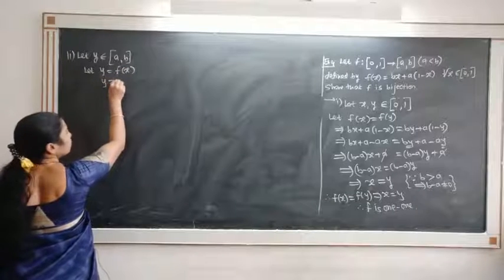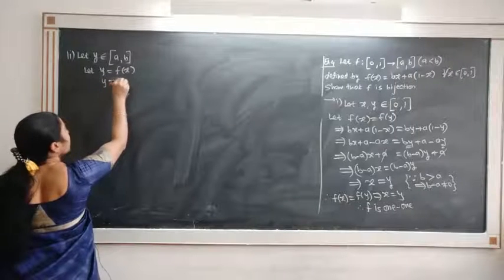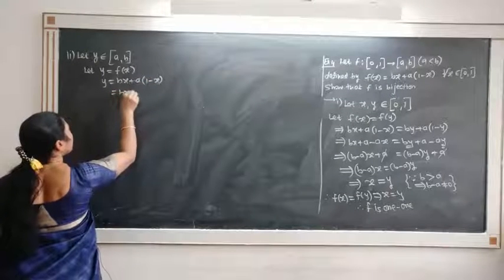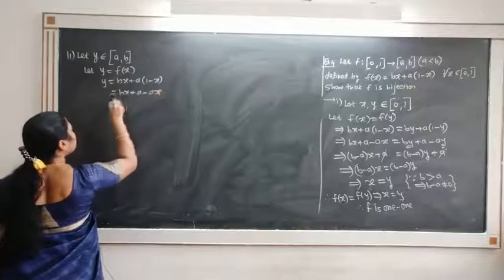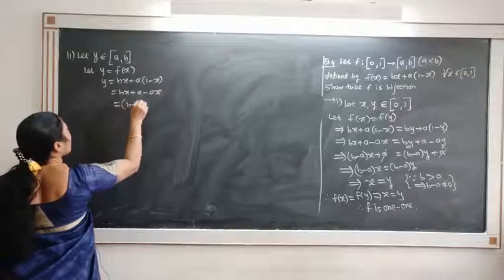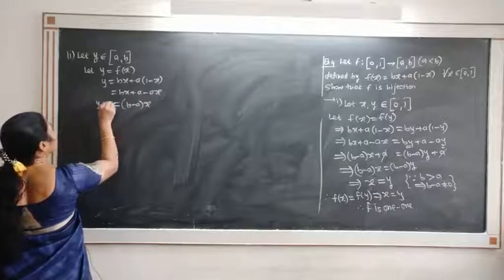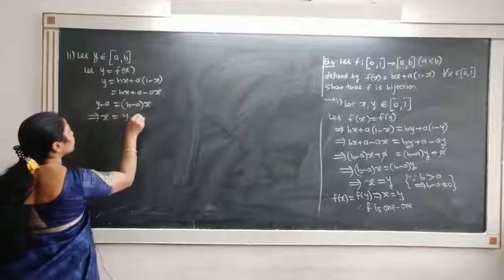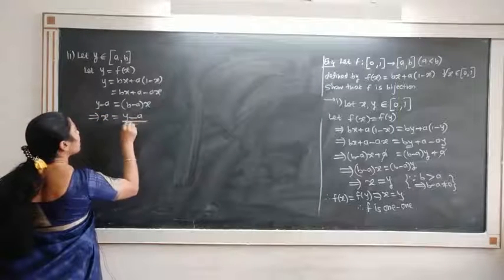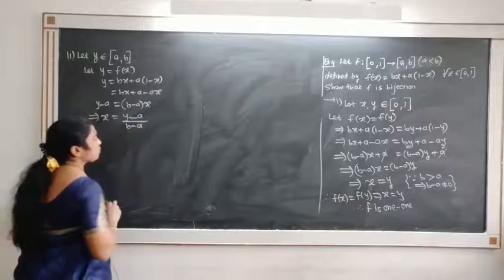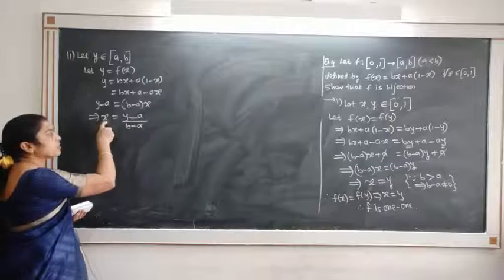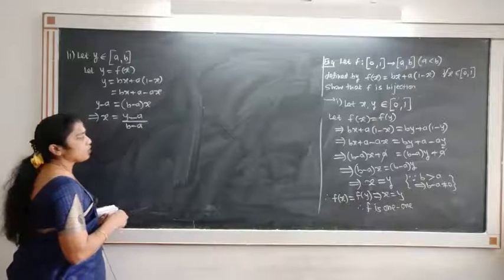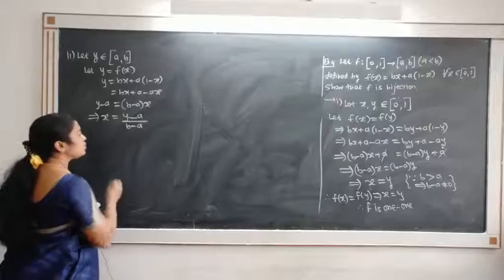But f(x) is nothing but bx plus a(1 minus x), that is bx plus a minus ax, that is y minus a is equal to this. So solving for x, we get x is equal to (y minus a) upon (b minus a). We want to check whether this x lies in the domain, that is [0, 1].